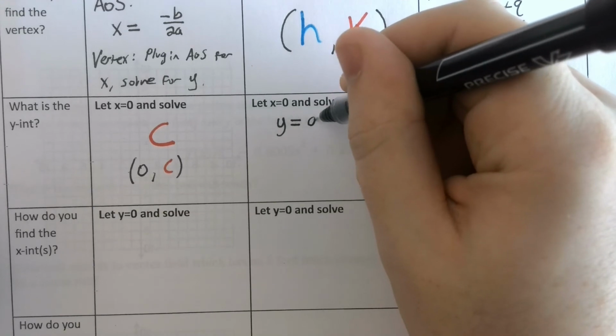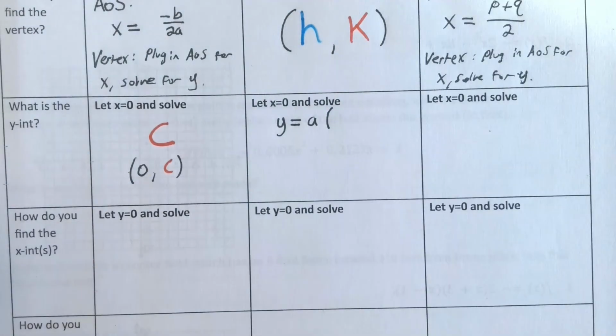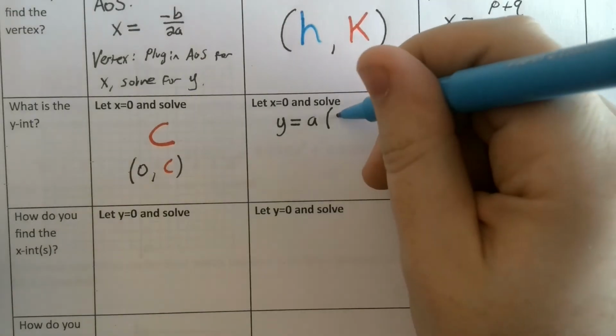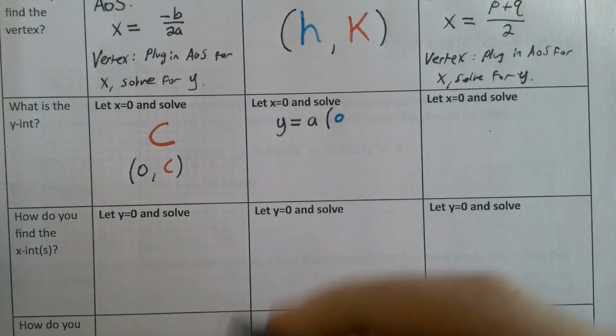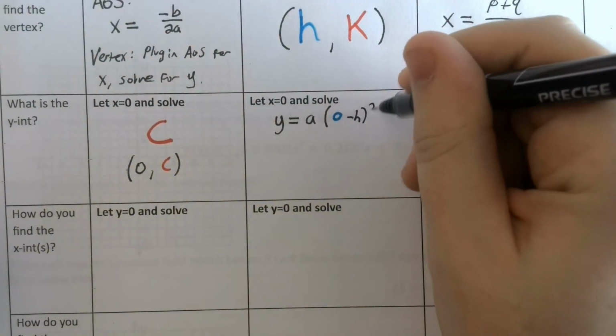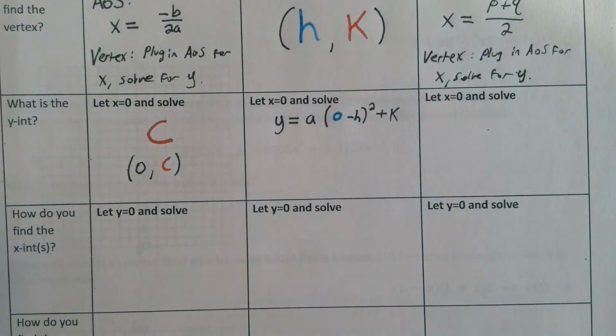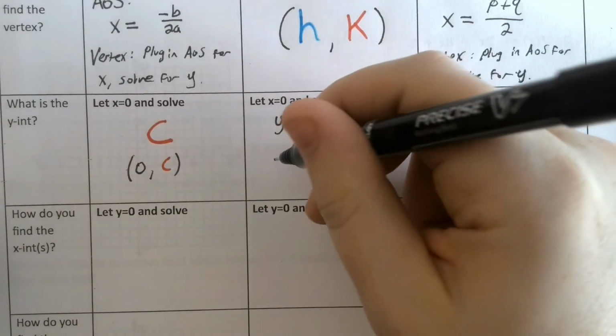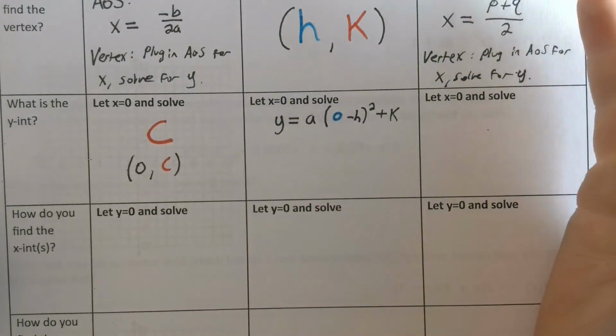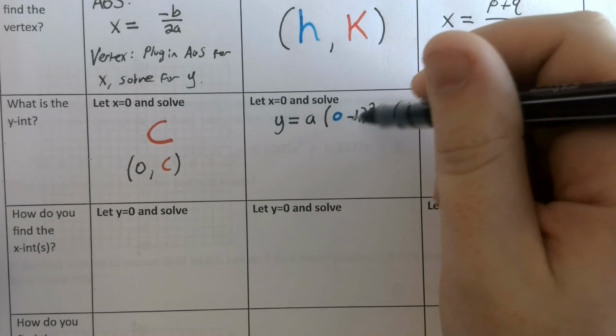y equals a times 0 minus h squared plus k, which we know 0 minus h is just negative h. But hang on, what's negative h squared?